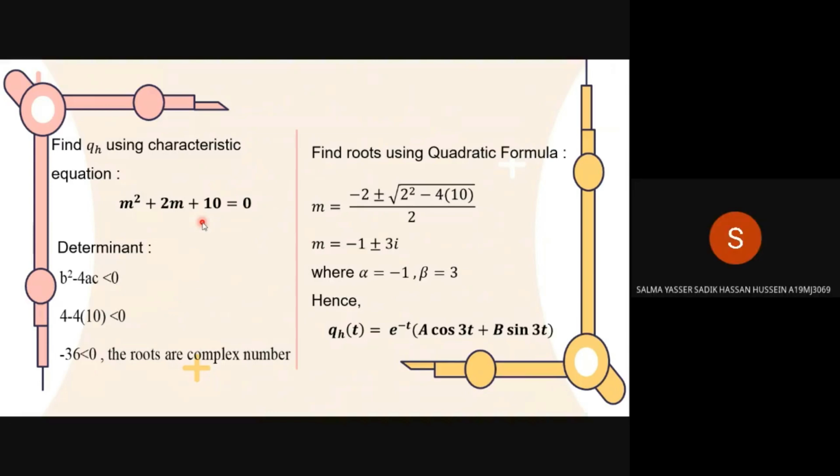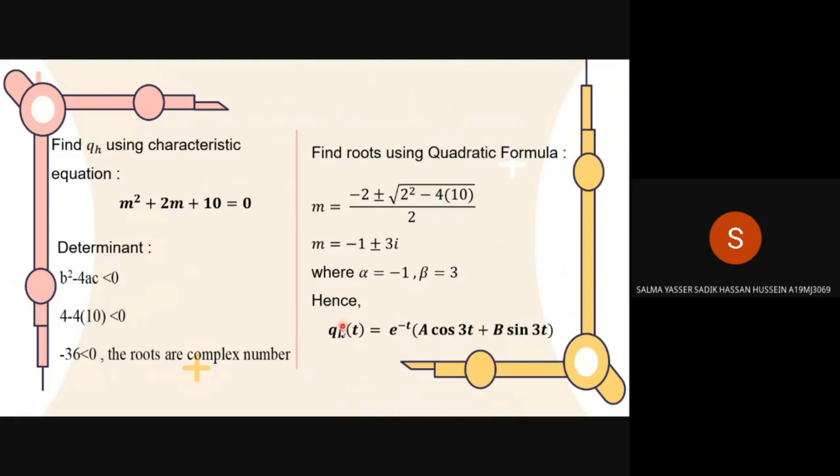That's our quadratic equation, where a is equal to 1, b equal to 2, and c is equal to 10. Then we determine the roots of the equation using b squared minus 4ac, which is less than 0, so the roots are complex numbers. We solve it using the quadratic formula, where alpha is equal to -1 and beta is equal to 3.